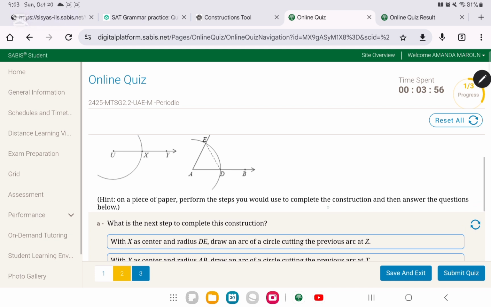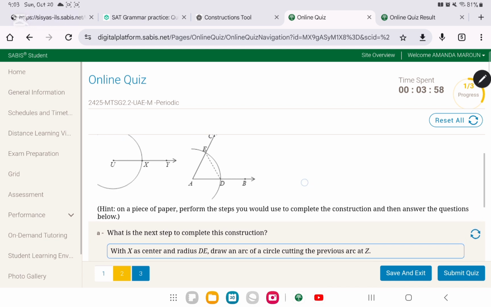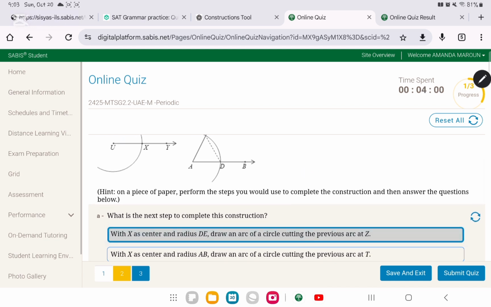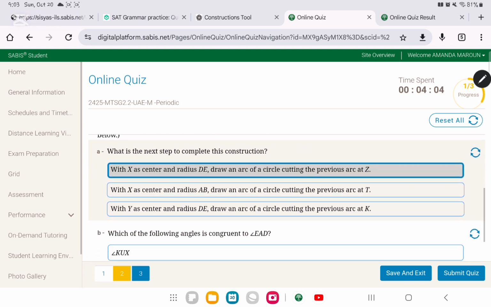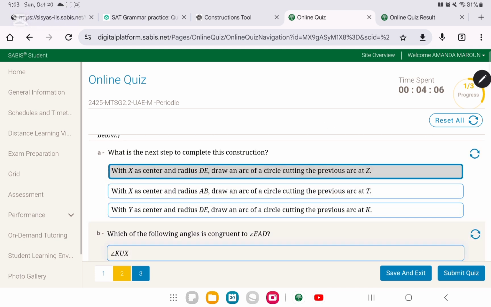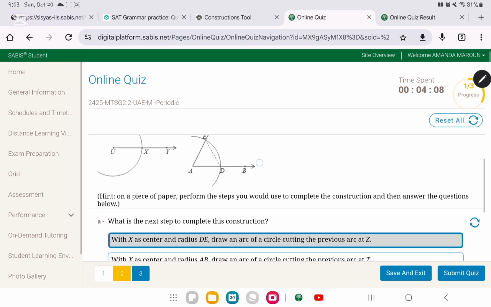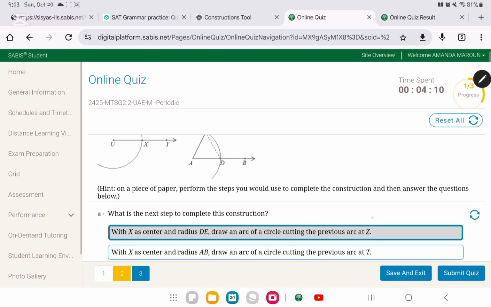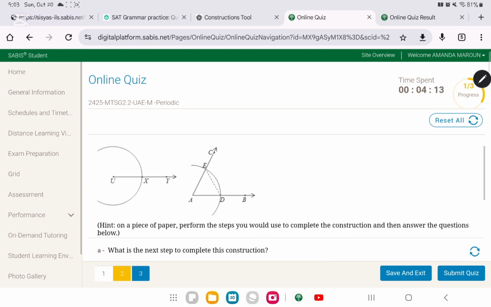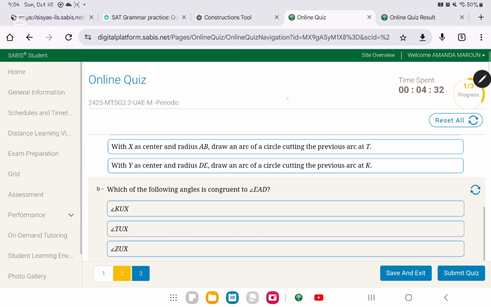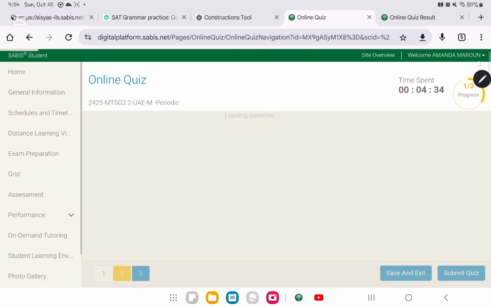So with X as the center and the radius of DE, we draw an arc of the circle that cuts the previous arc at Z. Now finally, which of the following is congruent to EAD? Definitely, since it's cutting the previous arc at Z, ZUX is going to be congruent to EAD. So over here it is ZUX.